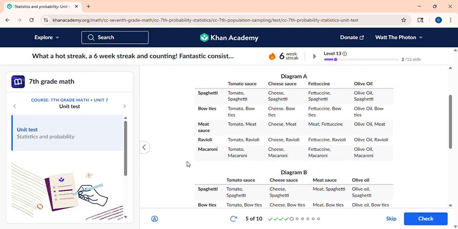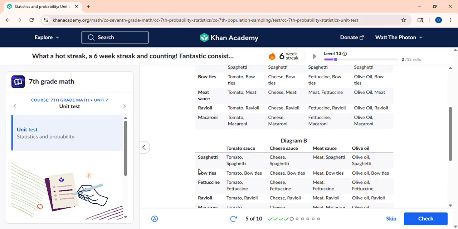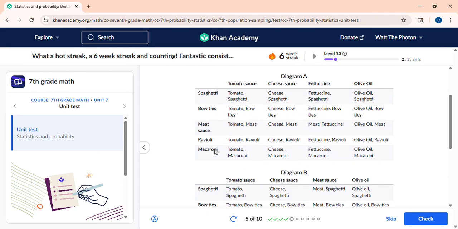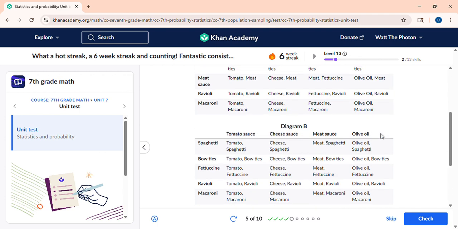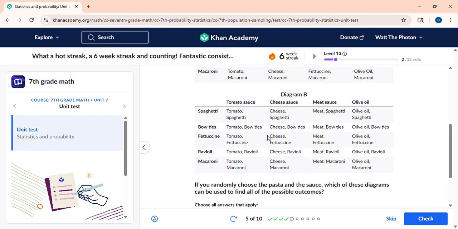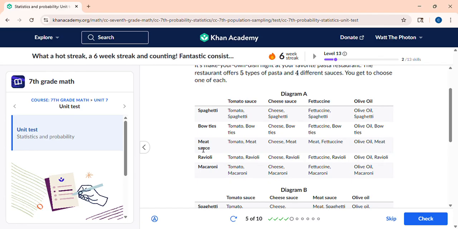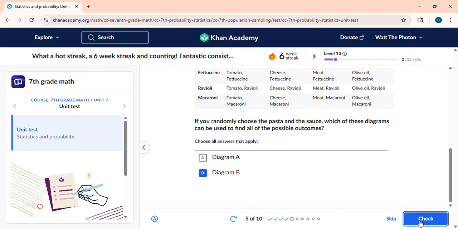This one has fettuccine. Diagram A: fettuccine must be a pasta and meat sauce must be a sauce. The diagram must be right. Diagram B: so these are all sauces. It says in the name, meat sauce. So only B.